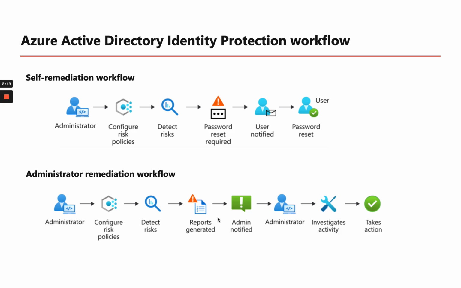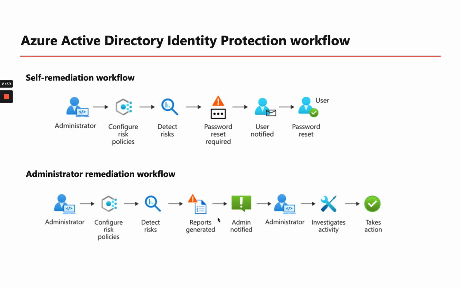So basically, there's a self-remediation, and then there's an administrator-based remediation, right? What happens if the user doesn't have the capability? Maybe their internet access is down. Maybe they don't have the email or the authenticator available to them, right? So in that particular case, the administrator will need to go in and perform the remediation actions.